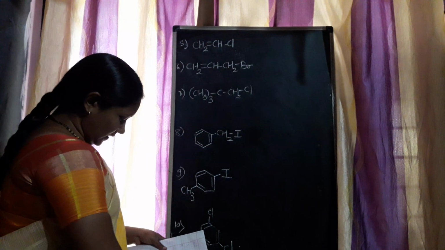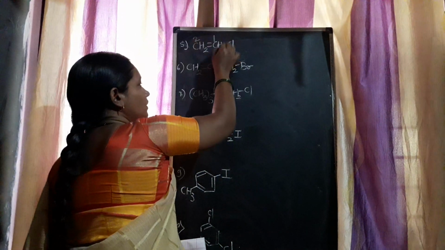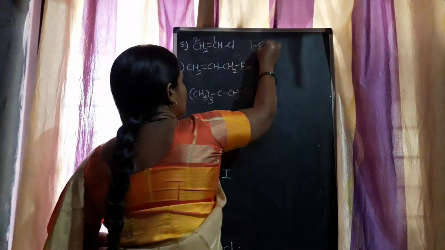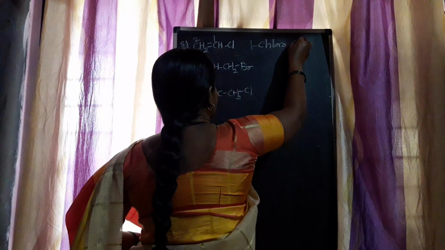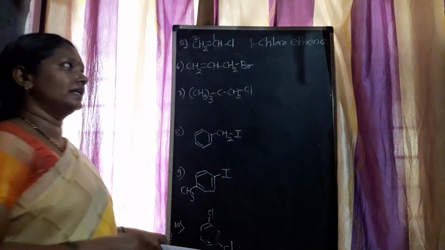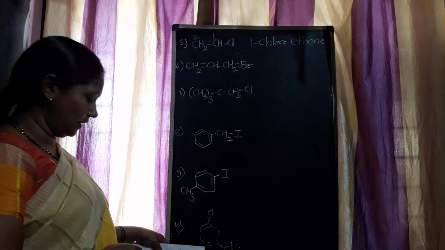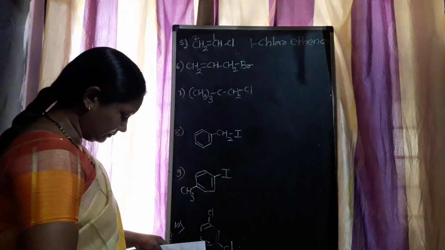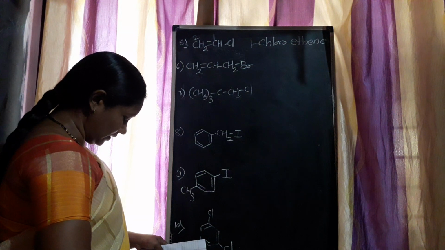Here at the first carbon atom the chlorine is present, therefore 1-chloro, and in the long chain two carbon atoms, ethene. 1-chloroethene. It is the IUPAC name.